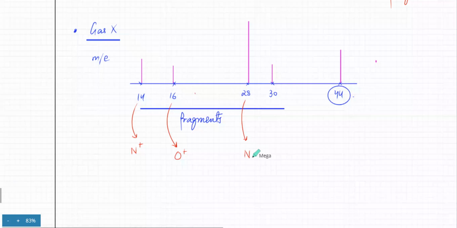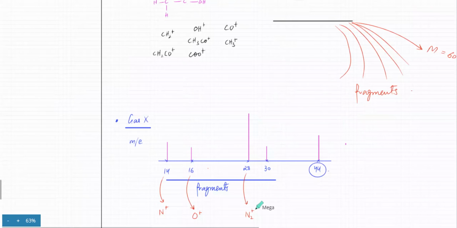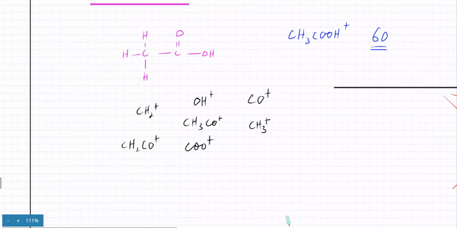Sarah, any idea? 28 must be N2 plus 1. Silicon. No, not. See, you have bigger fragments. These bigger fragments can be broken down into even smaller fragments, right? So that could result in a CO plus 1 fragment. The CO plus 1 could probably be broken down into even tinier fragments, which are your atoms.